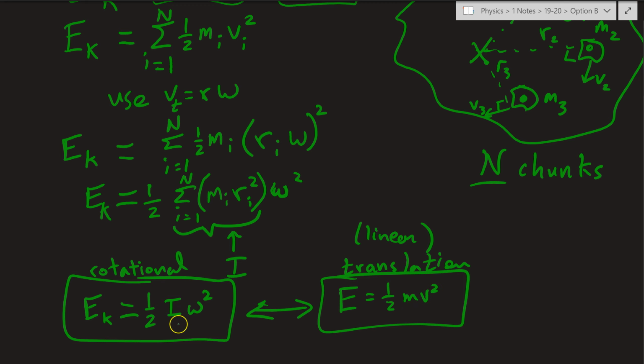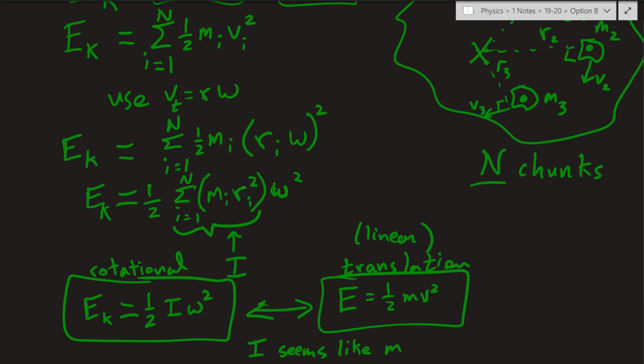So it looks like I seems like m when you compare these two formulas, because there's a 1/2, there's a constant, and then there's a velocity. And in fact, I is like m. I actually involves m, but it involves more than just m. It involves m and where the m is.